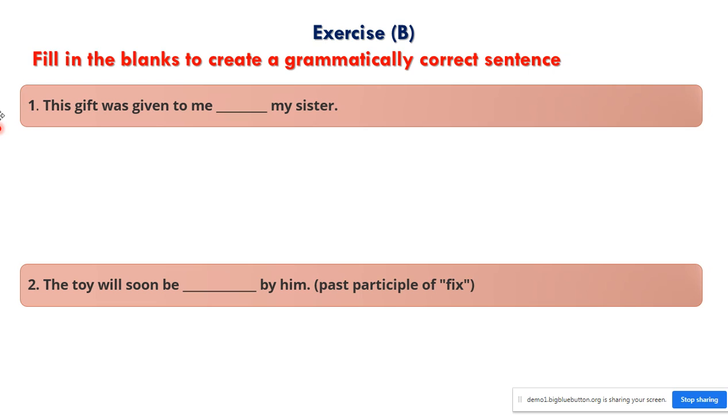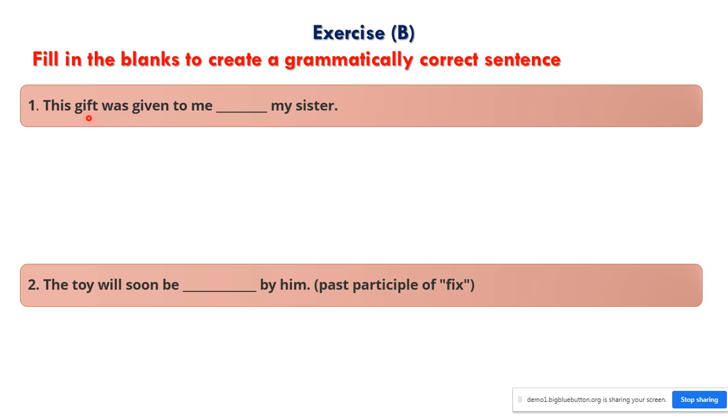Right away in the first sentence, you should recognize that this is a passive voice. The gift was given: gift is the subject, was given is the verb, and as you can see, verb to be is followed by the past participle. So it's passive.